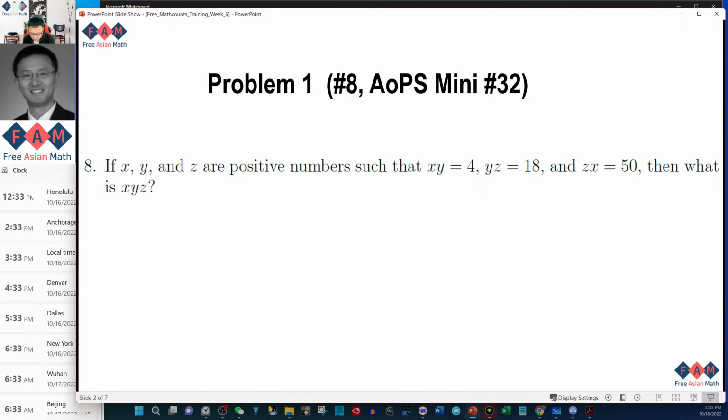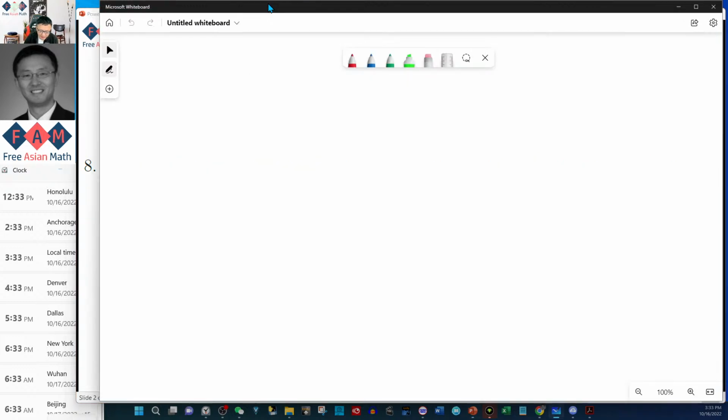So it will be tempting to think: if you multiply xy with yz, what will you get? Because there are 2 copies of y, we get xy squared z.